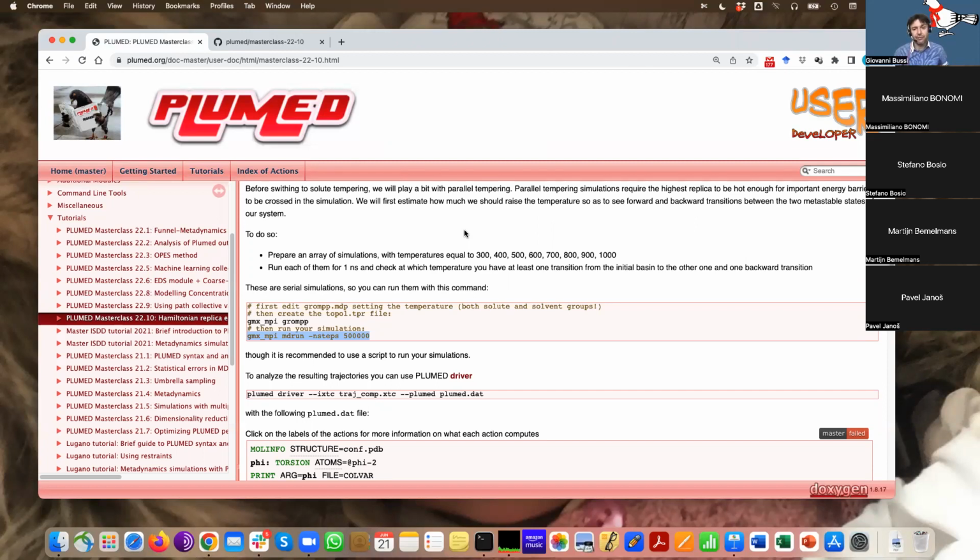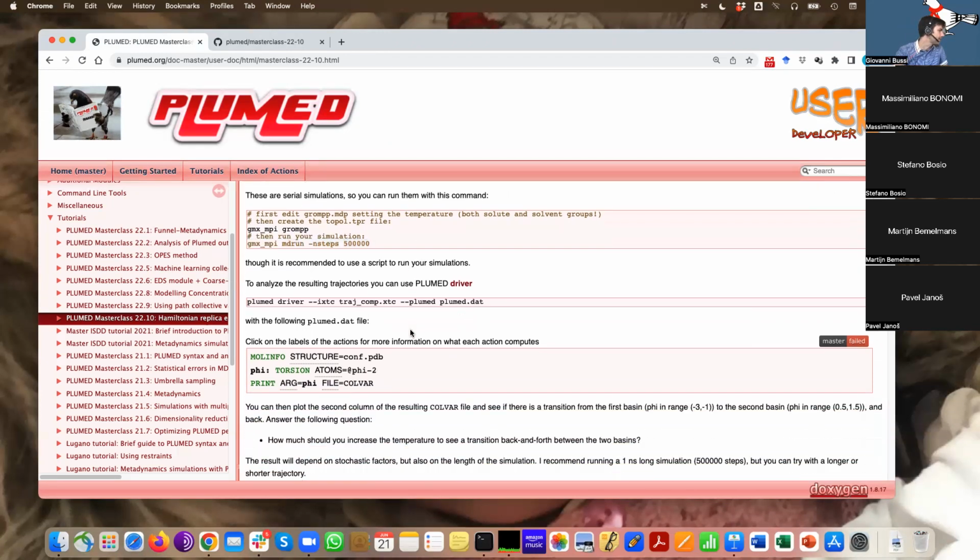I was using the Conda version of PLUMED, which is quite slow because of GROMACS, actually, because it's compiled with the SSE acceleration only. It doesn't use AVX, it doesn't use GPU and so on. So if you use your own version of PLUMED and GROMACS, you might have much better performance. Or if you want to go faster, just use shorter trajectories.